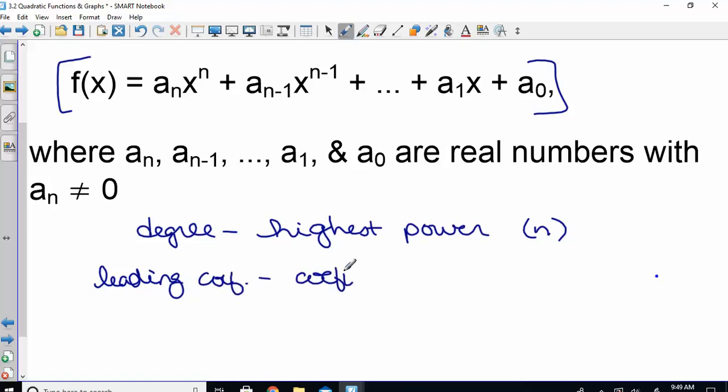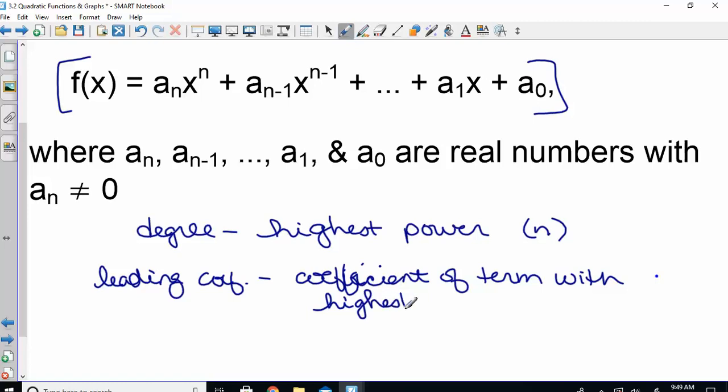That is just the coefficient of the term with the highest power. So for us, it would have been that a sub n, that coefficient on the term with the x to the n power.